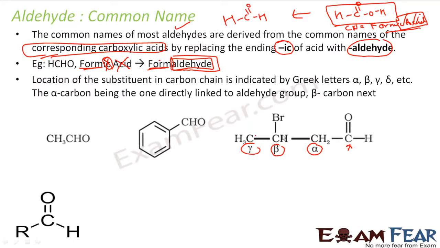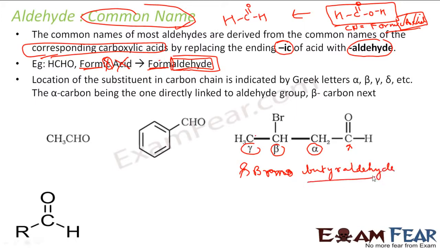So in this case, the common name of this, to be specific, will be, at beta I have a bromo, so it will be beta-bromo, with but, this is but, butylaldehyde. This is the common name. Please note, this is the common name of this compound.